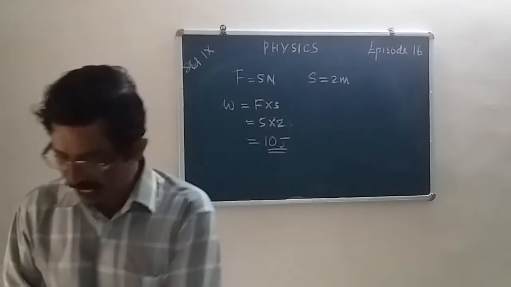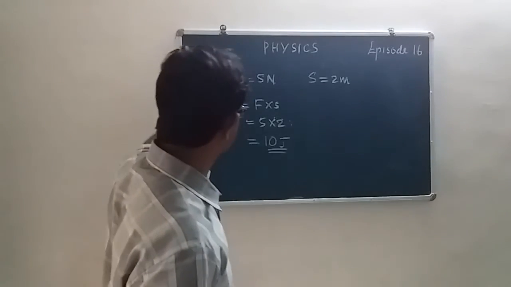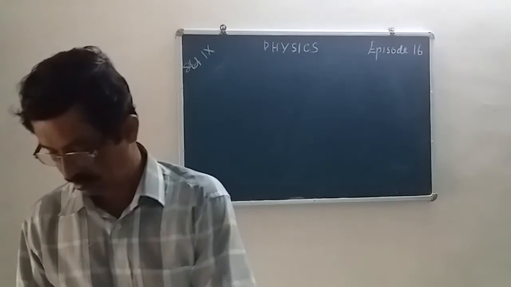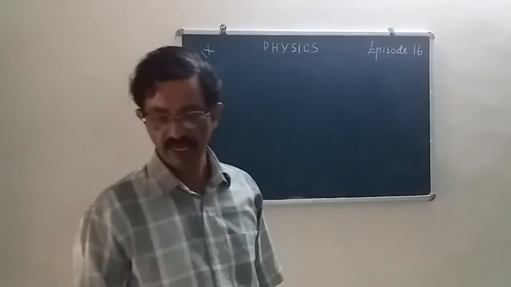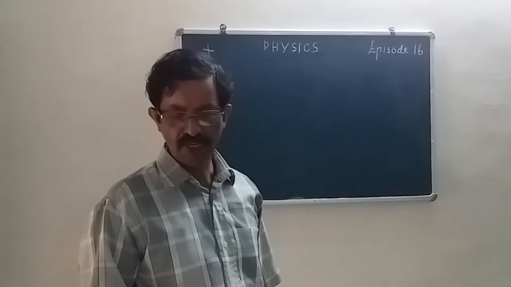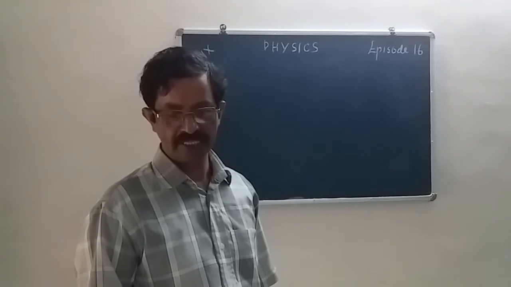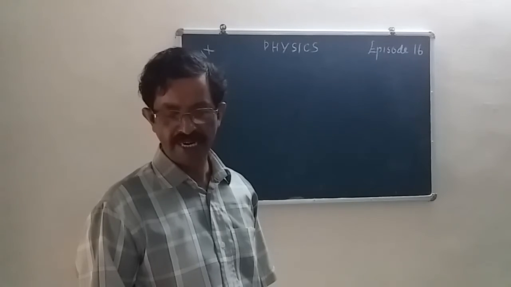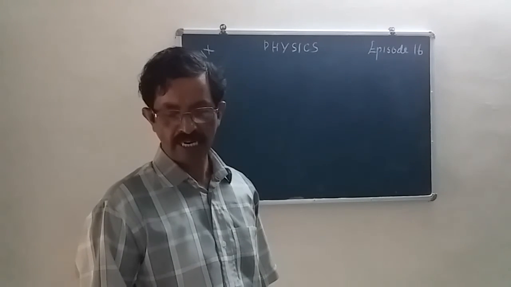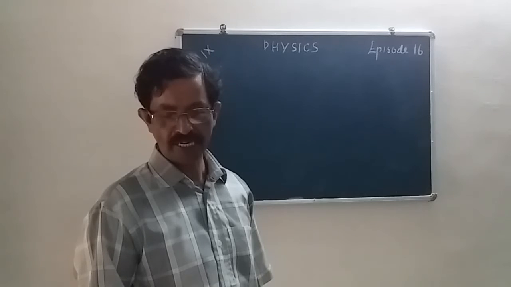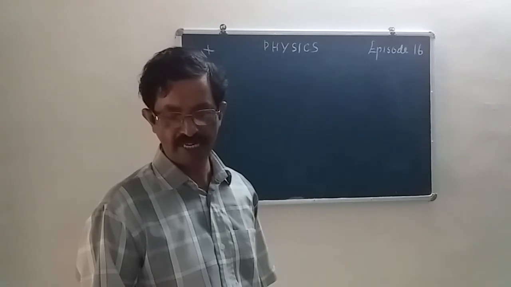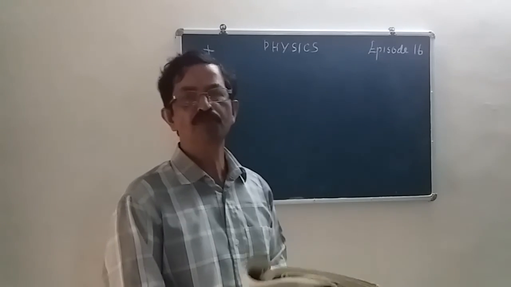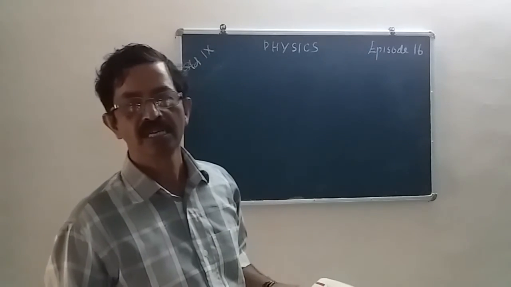Now another question is given here. A force of 7 Newton acts on an object. The displacement is 8 meter in the direction of force. Let us take that the force acts on the object through the displacement. What is the work done in this case? How much force is given?